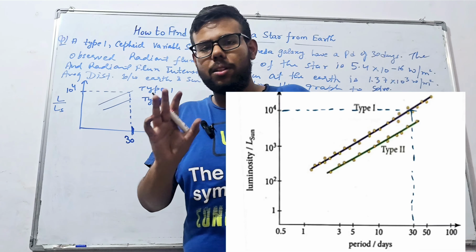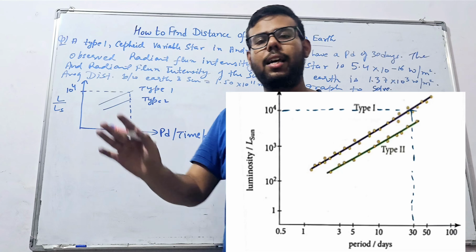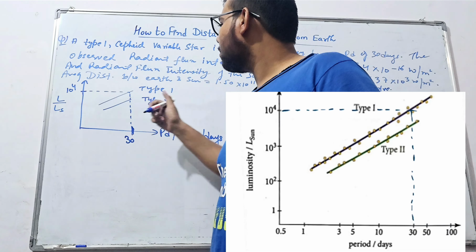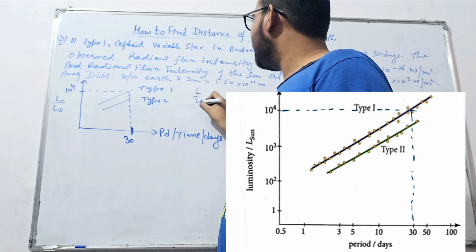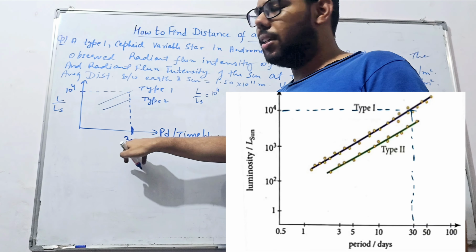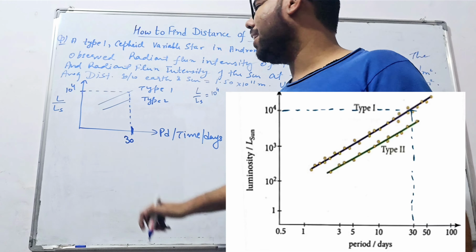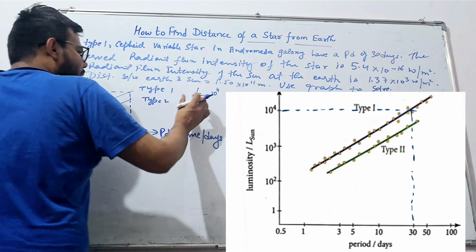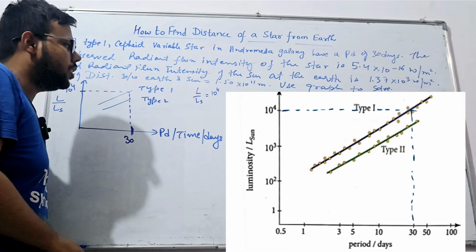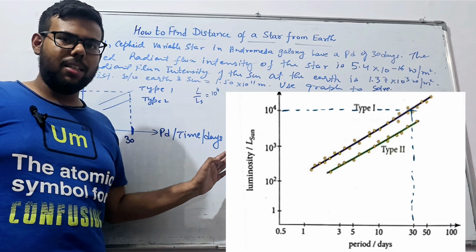It is very easily available. It is already calculated, so you don't need to worry about it. So we have L by Ls equal to 10^4 for time period 30. Now it is very easy to calculate. I hope that you understood the graph now, what it means.